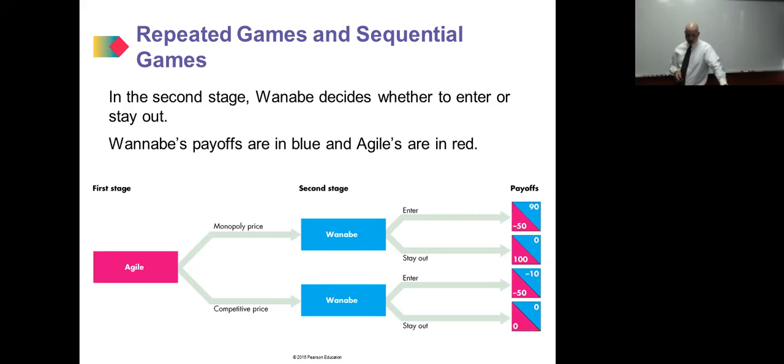If they stay in the market, we see our matrix, their payoff. If Wannabe stays out of the market, their payoff is 0. Stay in the market, profit is 90, so they're going to take market share here from Agile.